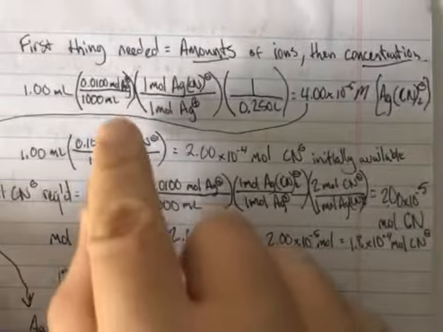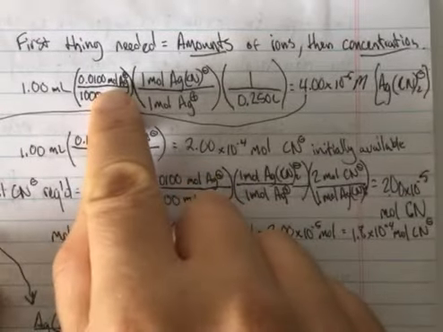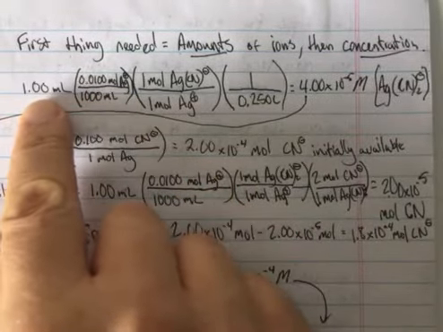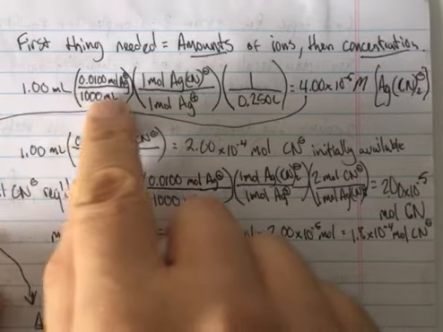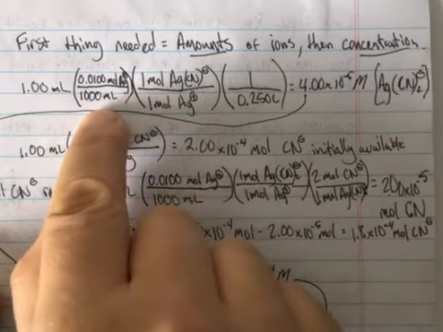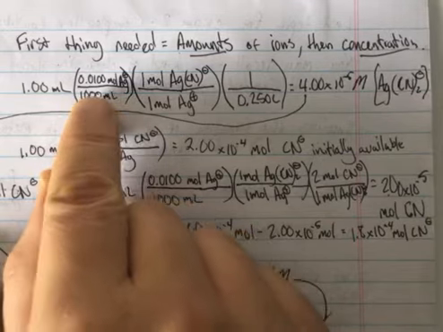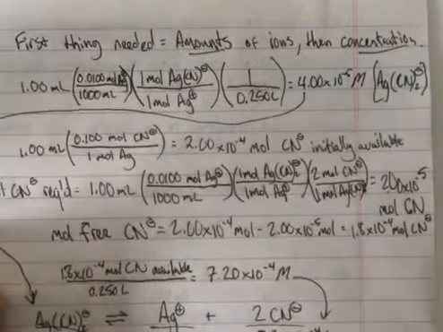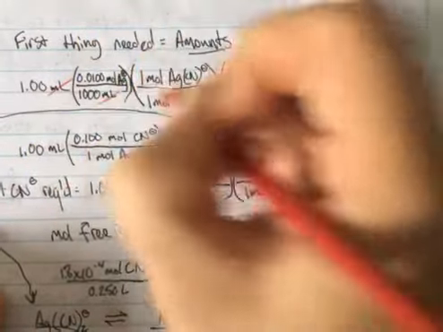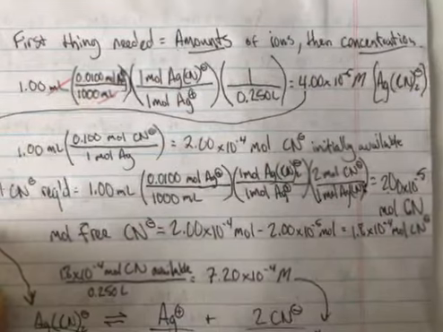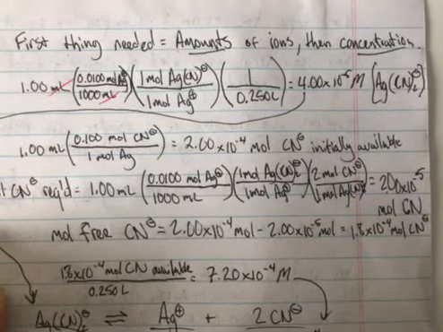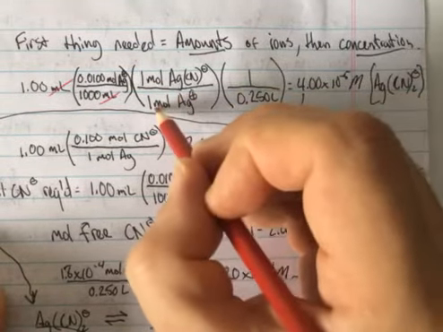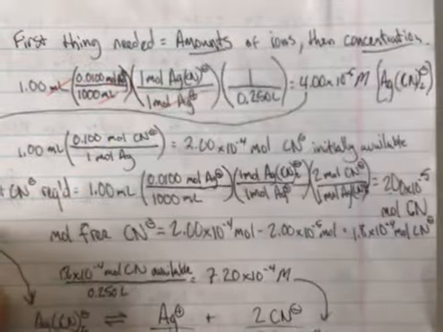So we take that concentration that we're given, multiply that by 1.00 ml. Notice how it's per 1,000 ml. Now this is going to be the concentration, so we're going to be scratching out our ml here. We're just left with moles of silver plus, which also cancel out.